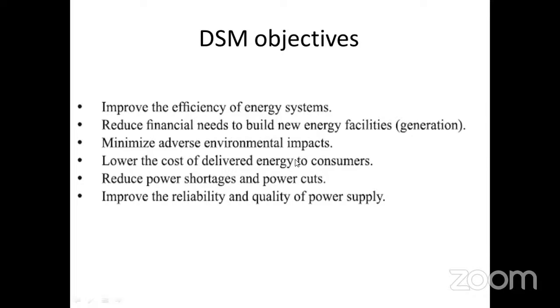Means for maintaining that particular period, we are installing a 3,000 megawatt power plant. What will it do then? It will produce environmental impact and other things. Lower the cost of delivered energy to consumers. Reduce power shortages and power cuts, improve the reliability and quality of the power supply.